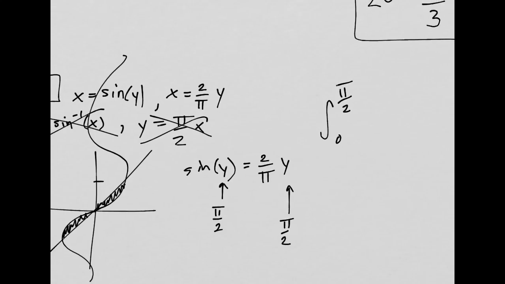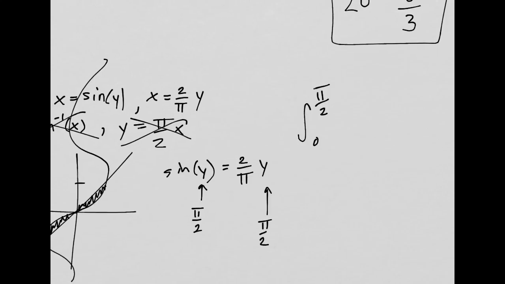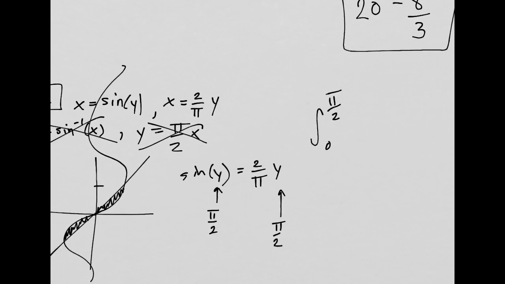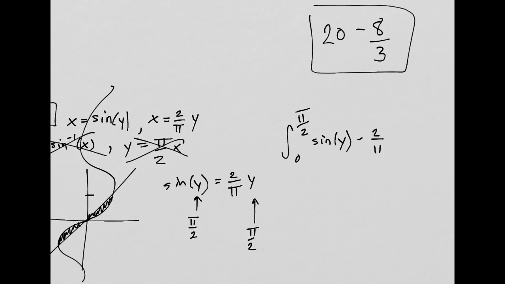What would we write down then? Sine of y minus 2 over pi y, dy. The hardest part is setting it up. All of your problems, if you have the paper, aren't this crazy. Are we okay? Can we continue?